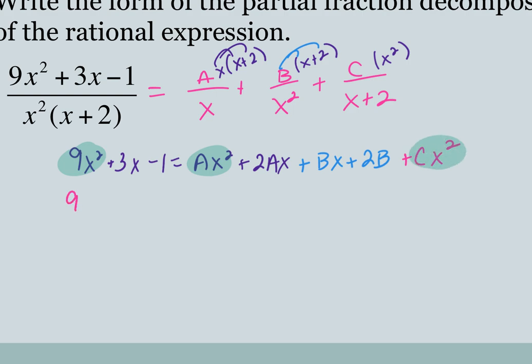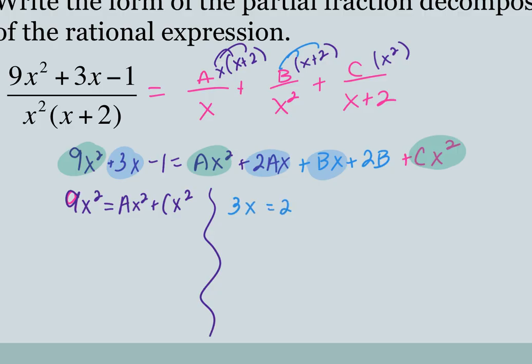So I get 9x squared equals ax squared plus cx squared. I'm going to group together all the x to the first terms. So I get 3x equals 2ax plus bx. And then I'm going to group together anything that doesn't have an x. So I get -1 equals 2b.